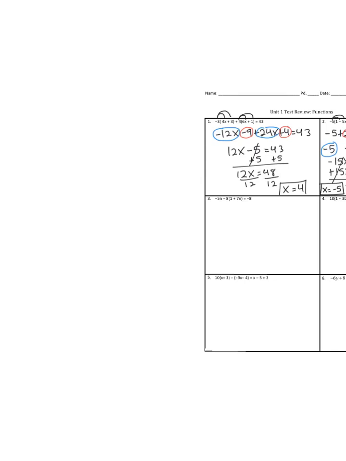All right, for number 3, distribute. Combine your like terms. So I've got this and this.